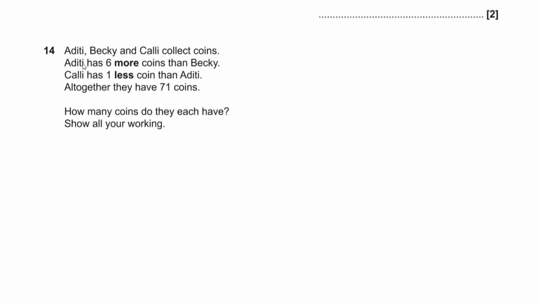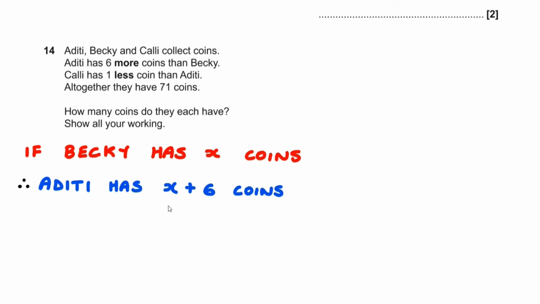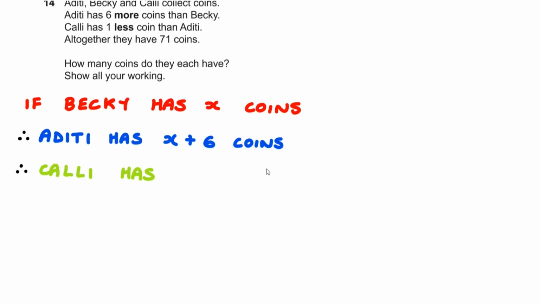Question 14. Aditi, Becky and Kali collect coins. Aditi has 6 more coins than Becky. Kali has 1 less coin than Aditi. Altogether they have 71 coins. How many coins do they have each? Show your working. Well, if Becky has X coins, Aditi has 6 more than Becky, so Aditi has X plus 6 coins. And Kali has 1 less coin than Aditi, so that means Kali has X plus 6 subtract 1 coins, which is the same as X plus 5 coins.